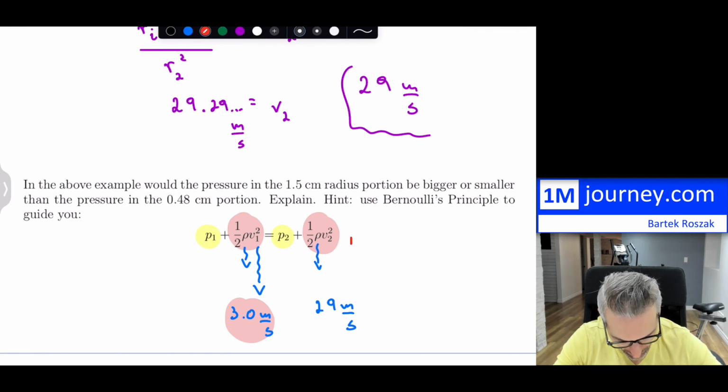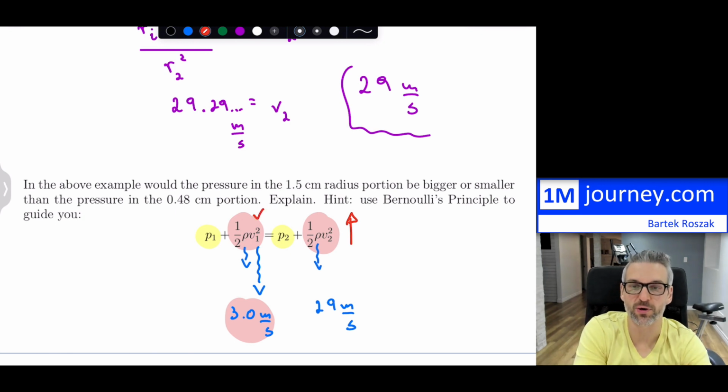This term goes really high in comparison to this term. If you plug in all the numbers, 1/2 and density don't change, so really the only difference is that velocity squared. The one on the right-hand side is much bigger.